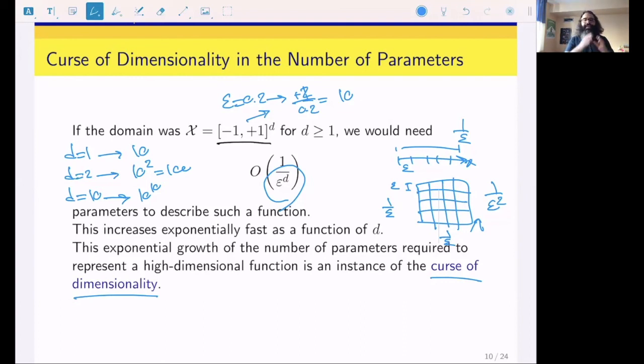Because if you have, say, 5 bases along each dimension, the number of total bases grows very fast in the same way. That's why usually those applications are successful if you have only a few dimensions, like 4 or 5 at most.